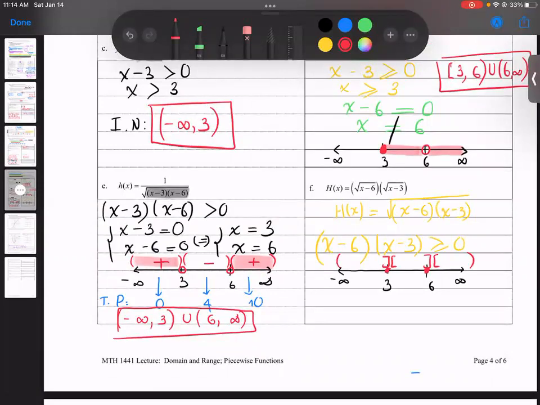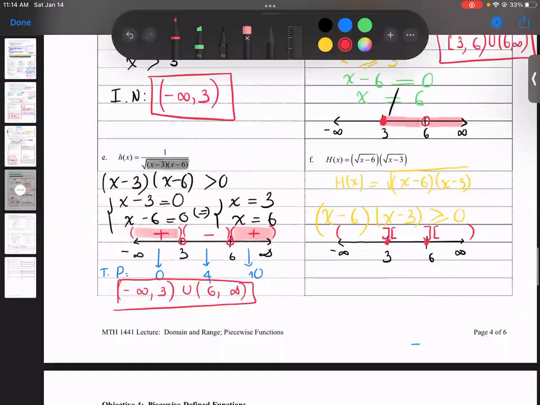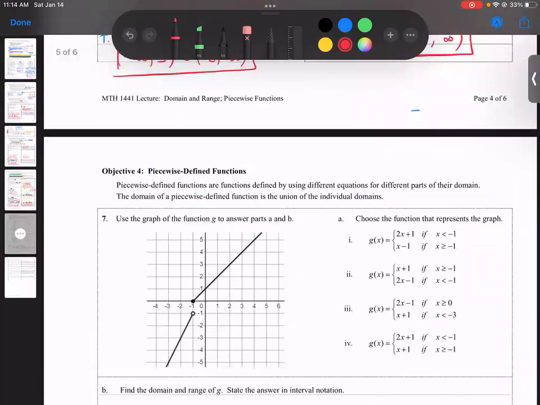The only thing different is you include the 3 and the 6. So your final answer will be from negative infinity to 3 bracket, union 3 to 6... sorry, union 6 to positive infinity. Very much the same. The only thing is that you include the 3 and the 6. Now, the last objective, piecewise functions.